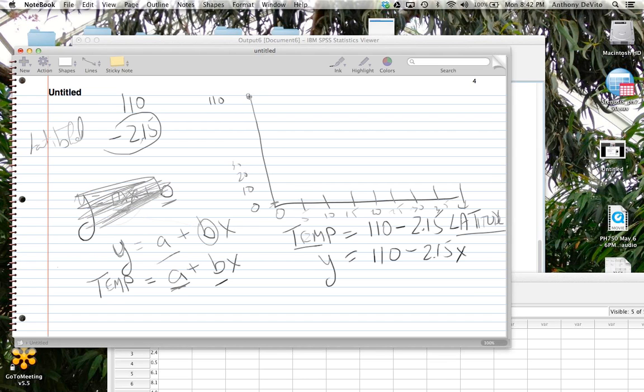Well, what's going to happen is starting at that point, our line would go down for every one value on the x-axis, it would go down 2.15 on the y-axis. So if I went across 10 on the x-axis, I would be going down 10 times that, 21 and a half. So 21 and a half would be about 90. It'd be about there if I went across here. So my straight line would look something like this.